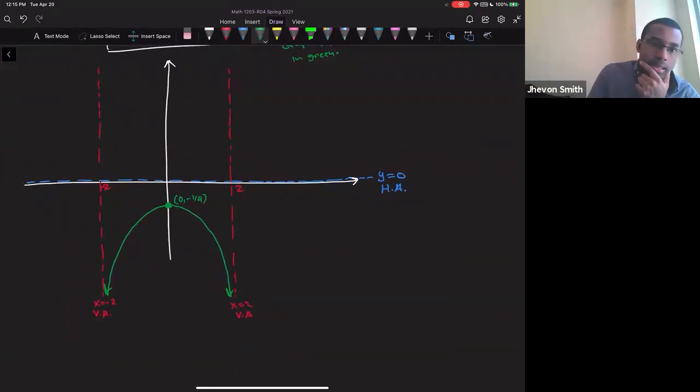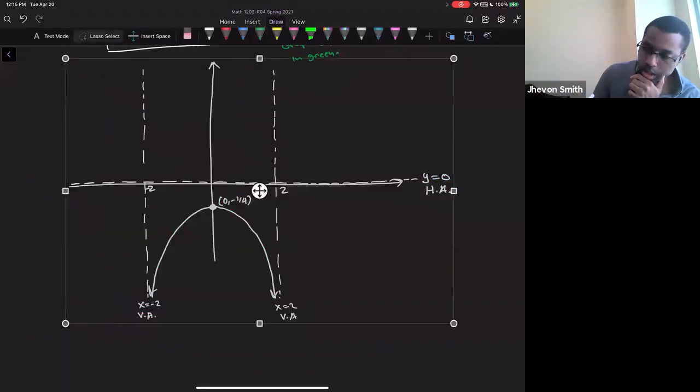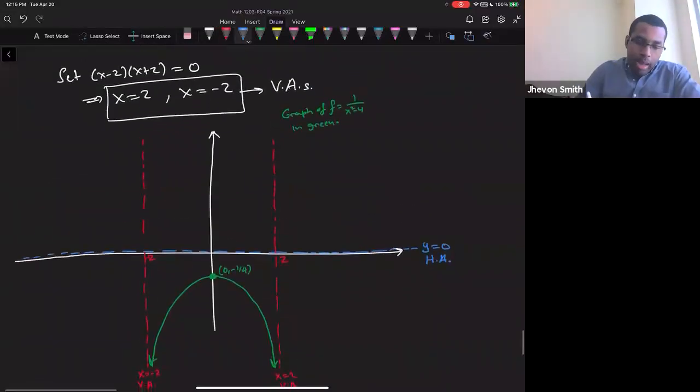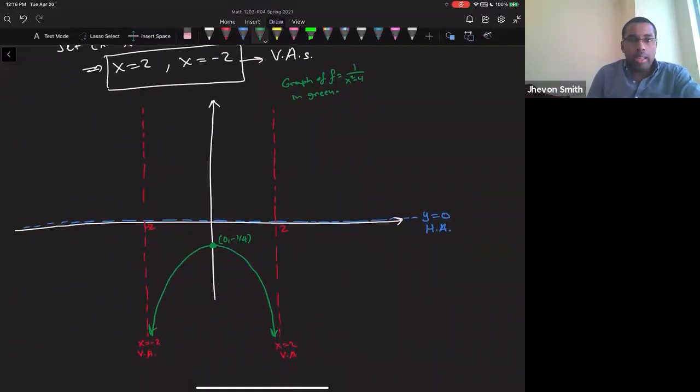Now, other than that, you might wonder, what does it look like otherwise? So I want this a little bit to the side more. What will happen is you can test a random point on the ends.